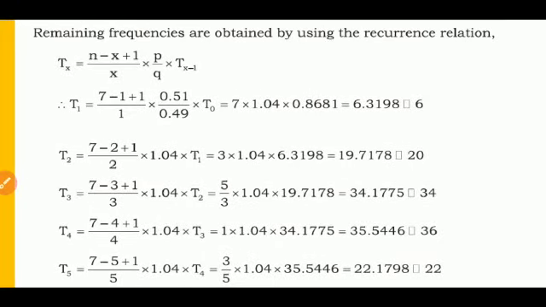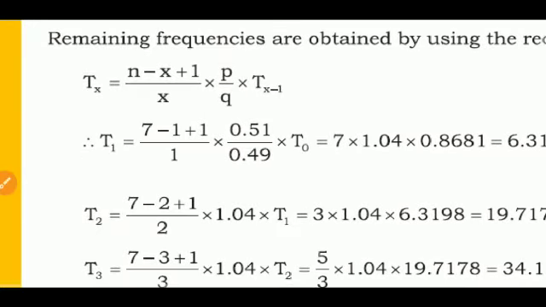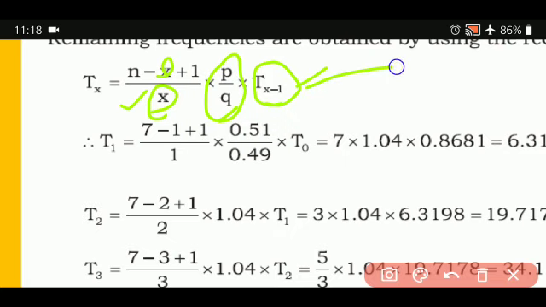The recurrence relation is Tx equal to (n minus x plus 1) divided by x, into p upon q, into Tx minus 1. See, p upon q remains constant, it will not change. The only change happens in this factor: x will keep on changing, and this term will change, and the first term you find is what you write here.